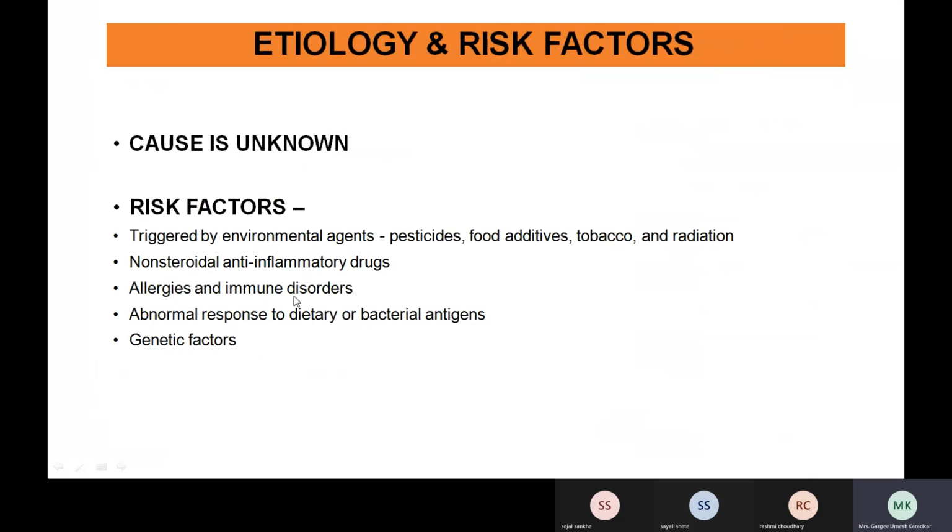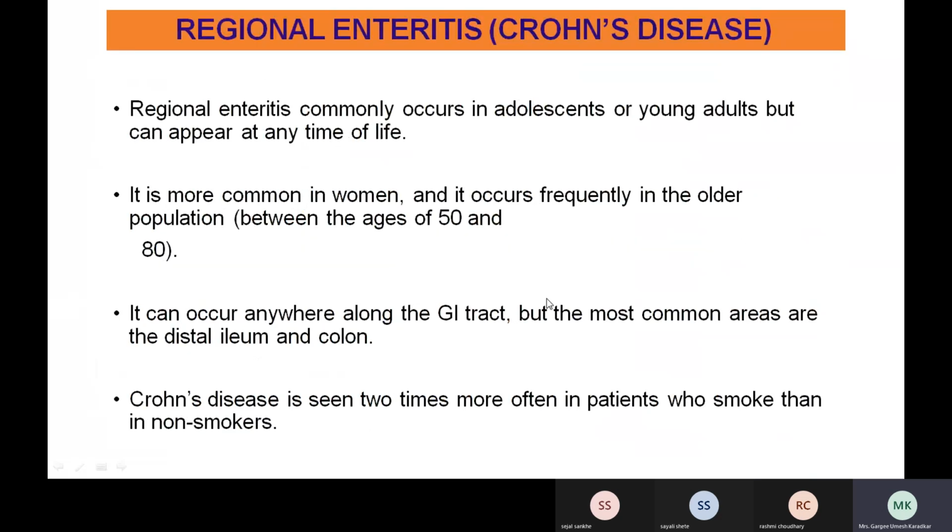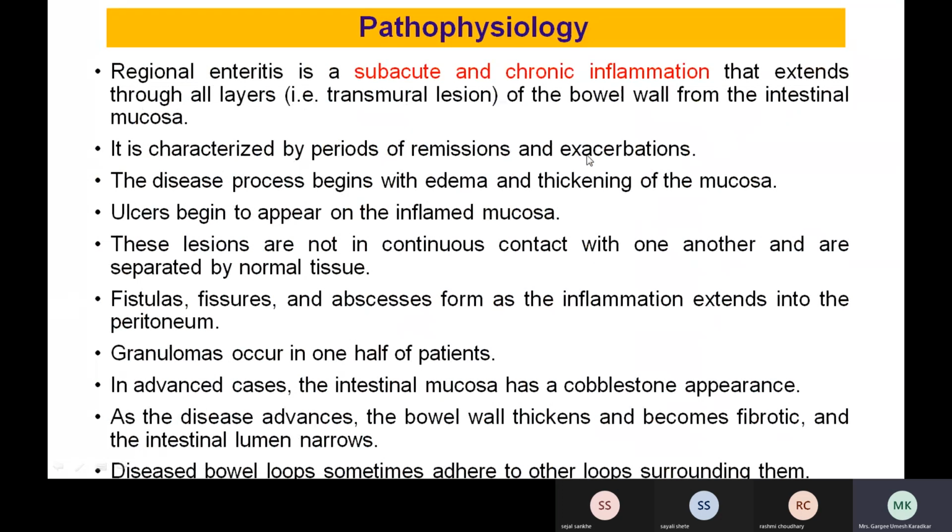If the immunity goes low, or if there is any allergy to any of the food, that will exacerbate. We have treated the patient and he is okay, but he eats something which is a risk factor for the patient, and again the patient shows the signs and symptoms. So remission is frequent occurring of the event, but exacerbation is because of certain already known risk factor, the patient will show the disease condition. So that is exacerbation.